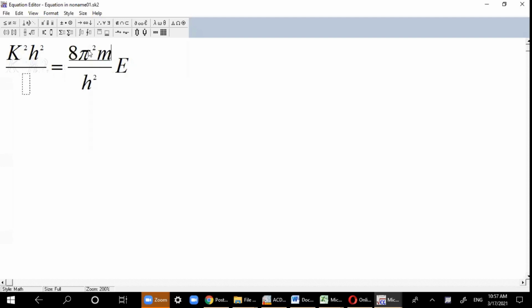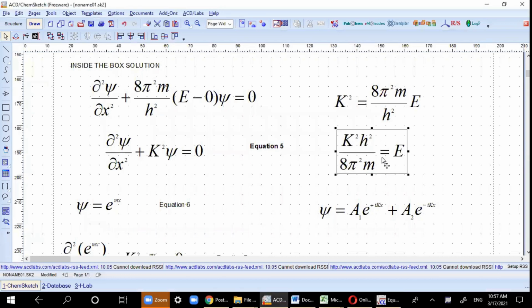We got the solution for energy here itself. What is the solution for energy now? E equal to k square h square by 8 pi square m. This is what you might have heard already, n square h square by 8 pi square m, as per the Bohr model. But you didn't know why or how it is coming.